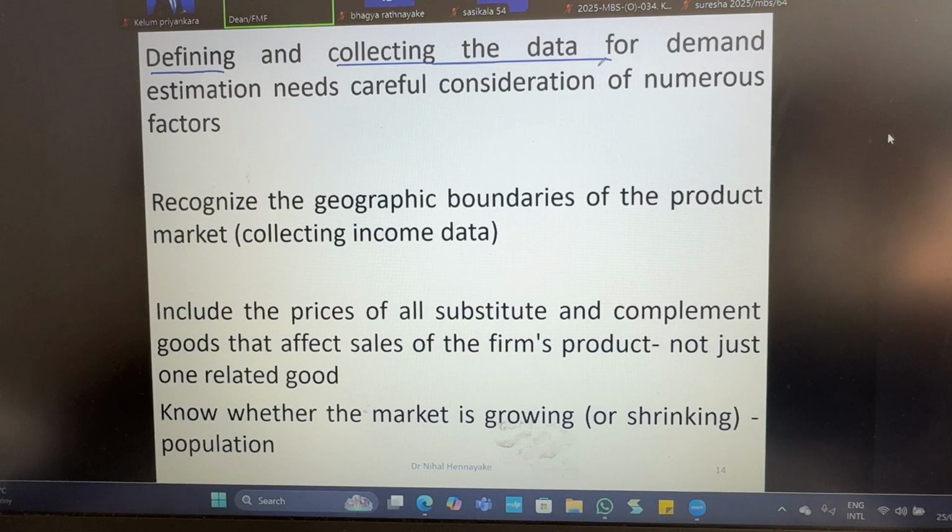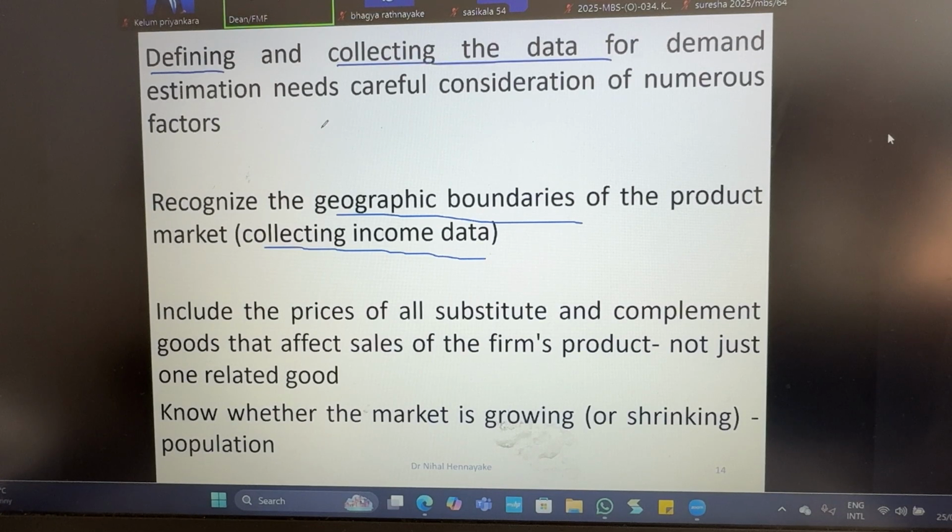Another factor after defining the product is to recognize the geographical boundaries, because I want you to do a mini research. Boundaries are important, for example when collecting income related data.